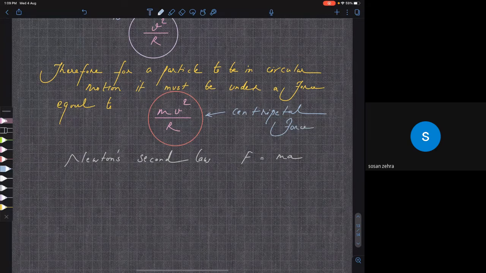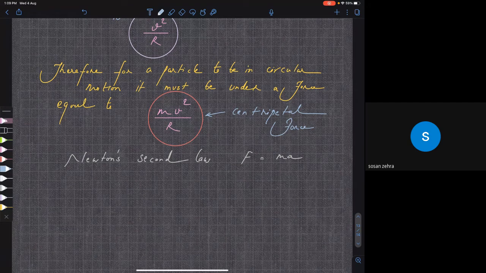For example, if a planet is revolving around the sun, centripetal force is the gravitational force between the planet and the sun. If an electron is revolving in the atom around the nucleus, the centripetal force is due to the electrostatic force of attraction between positively charged nucleus and negatively charged electron.